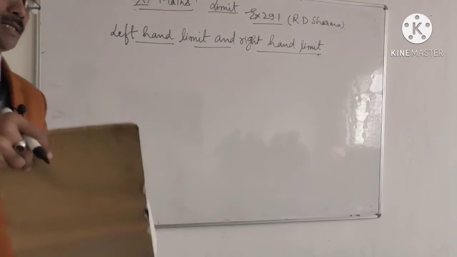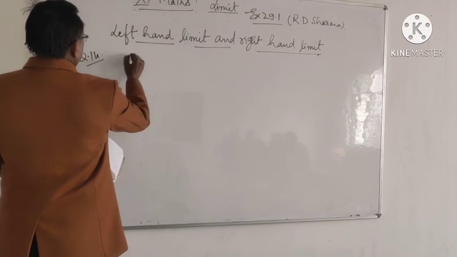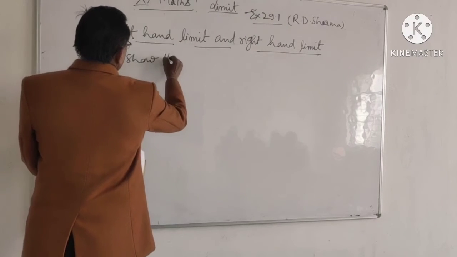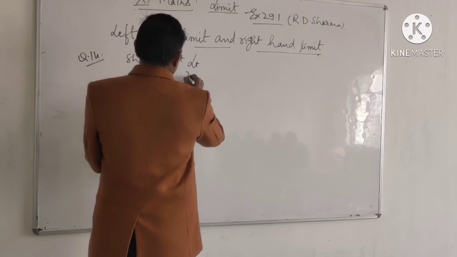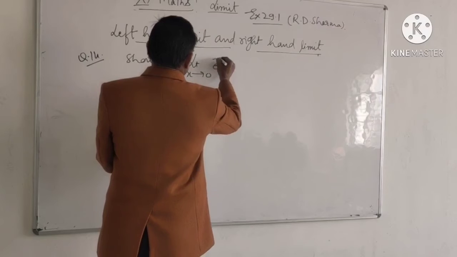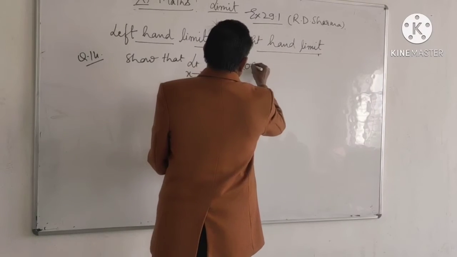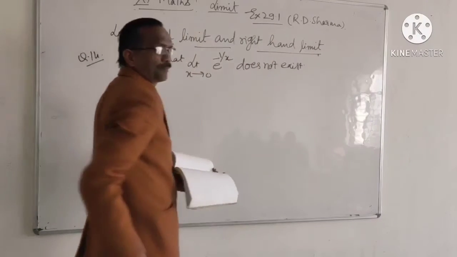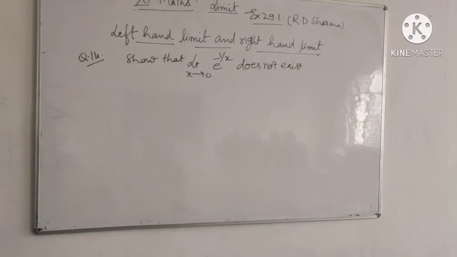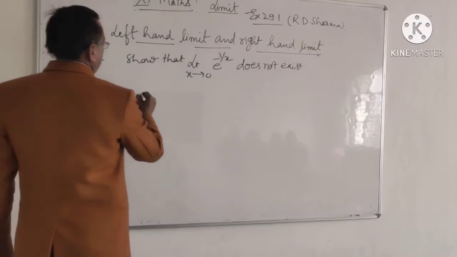Now next is, show that limit x tends to 0 of e power minus 1 upon x does not exist. So here again we will find left hand limit and right hand limit.